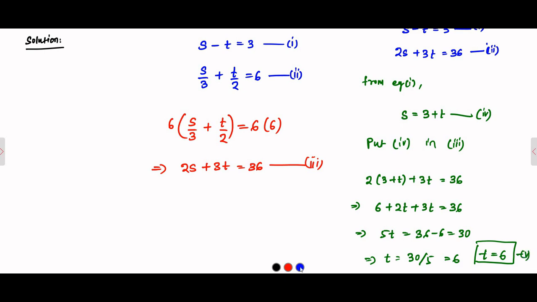Now putting the value we have got, t is equal to 6, in equation 1, we get s minus 6 is equal to 3. That implies s is equal to 3 plus 6, which is equal to 9.